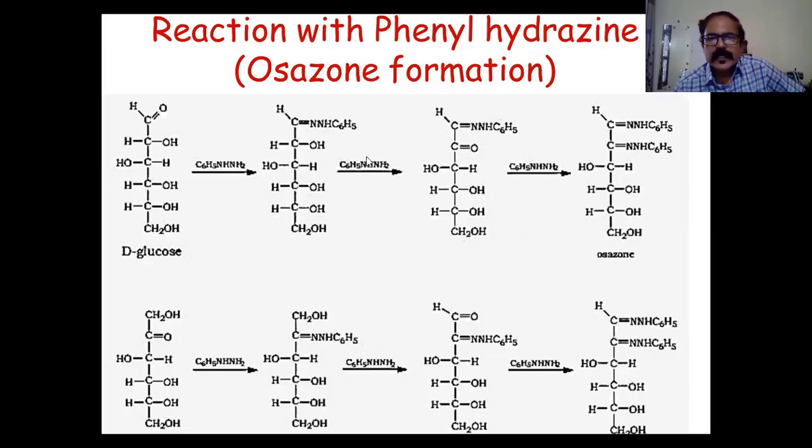The only difference is in the steps. In glucose, the first carbon reacts and the second carbon gets oxidized in the second step. In the third step, osazone formation takes place. Whereas in fructose, first it reacts with the second carbon, in the second step it oxidizes the first carbon, and osazone formation takes place in the third step.